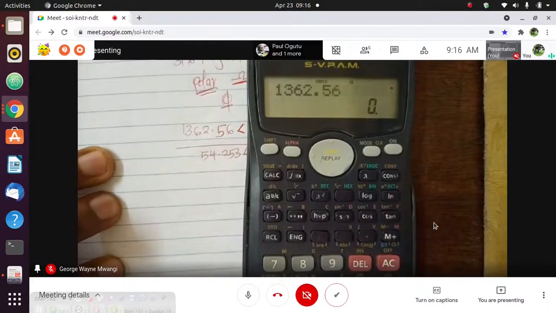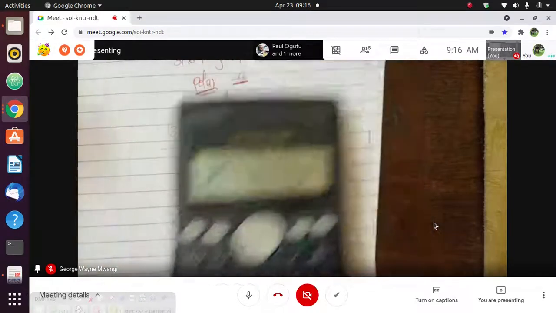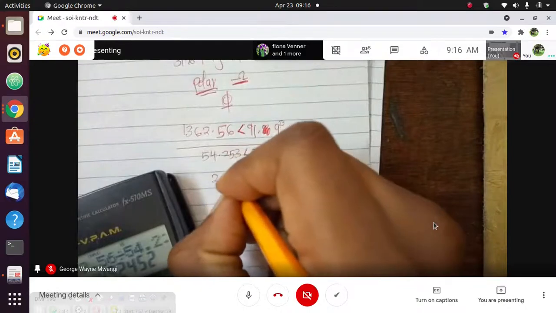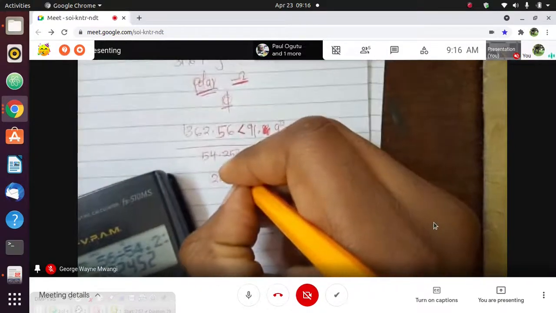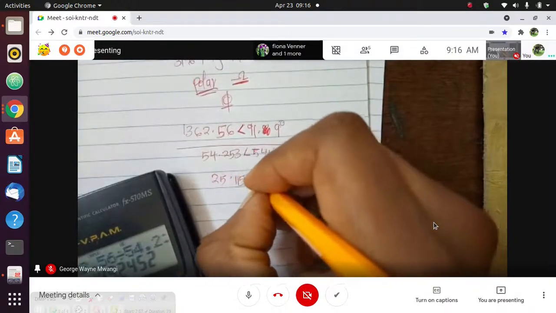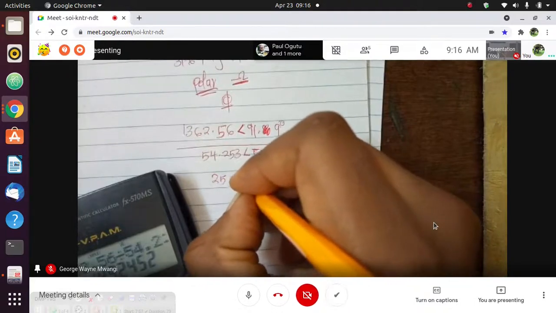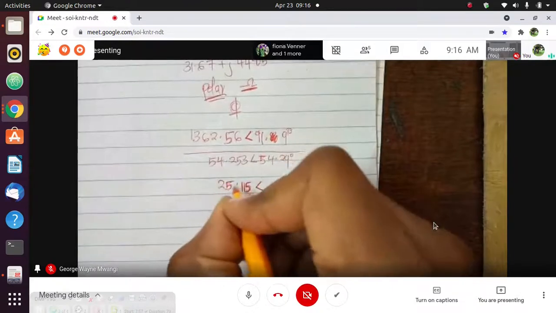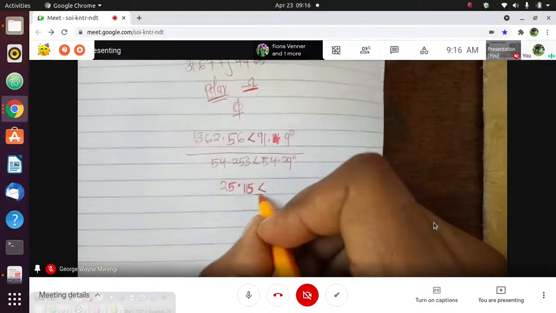We get 25.115. This is the value of the resistance, the magnitude of the impedance, 25.115 ohms.